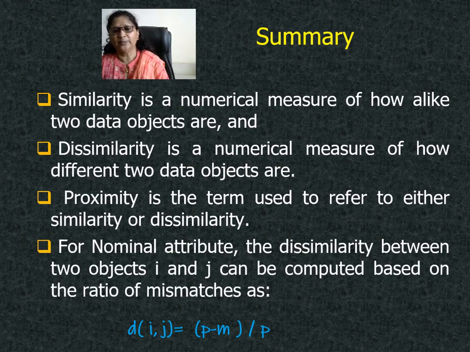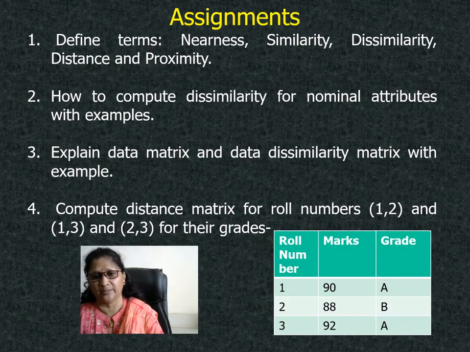For nominal attributes, proximity is computed with respect to mismatches and matches, and it is measured as a ratio of p minus m divided by p, where p is the total number of attributes and m is the number of matches between the two attributes. These are a few assignments which you have to submit after solving simple questions of defining terms: nearness, similarity, dissimilarity, distance, and proximity.